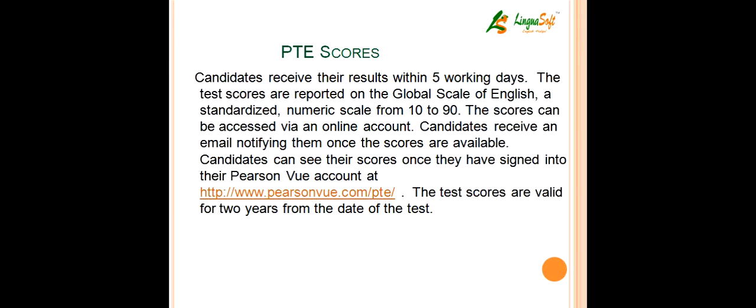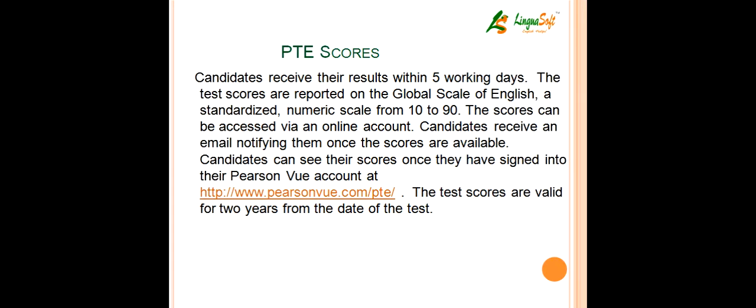PTE scores. Candidates receive their results within 5 working days. The test scores are reported on the Global Scale of English, a standardized numeric scale from 10 to 90. The scores can be accessed via an online account. Candidates receive an email notifying them once the scores are available.